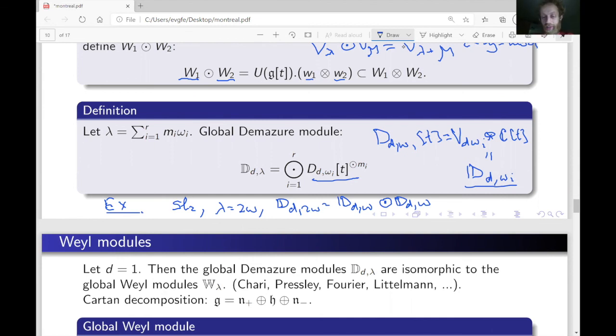Okay, so we have several of these very natural and simple modules, and then we have some operation on them.